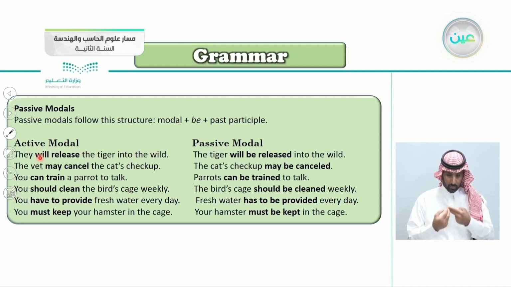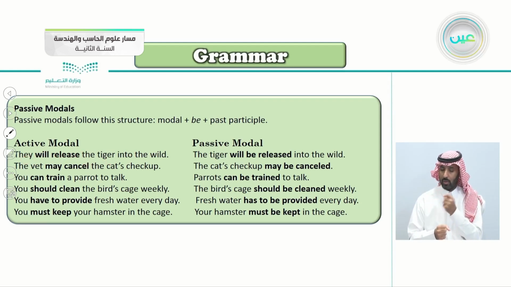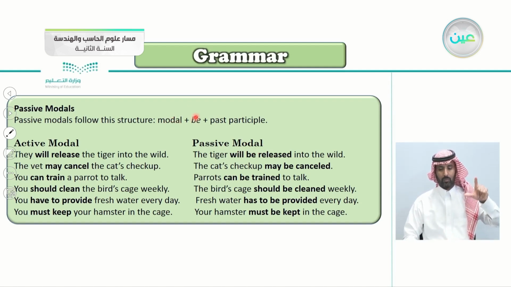Of course, the modal here is will, and the verb is release. The subject is they, and the object is the tiger. How do we change from active modal to passive? So we begin with the object, the tiger will be released. Will, this is the modal, be, and the verb with the past participle is released into the wild.